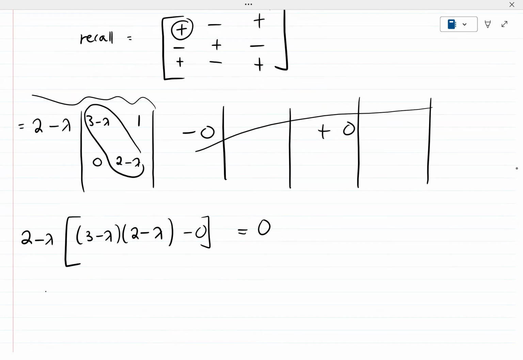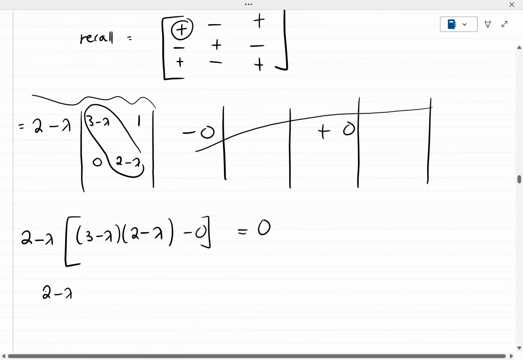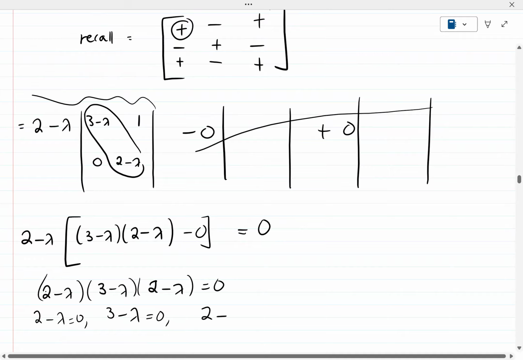Now you have 2 minus lambda. You do not have to FOIL it out. Instead, just write out your parentheses and solve for lambda by setting each factor to 0. That's perfectly fine. So 2 minus lambda equals 0, 3 minus lambda equals 0, and 2 minus lambda equals 0. When you solve for lambda, you get 2, 2, and 3.